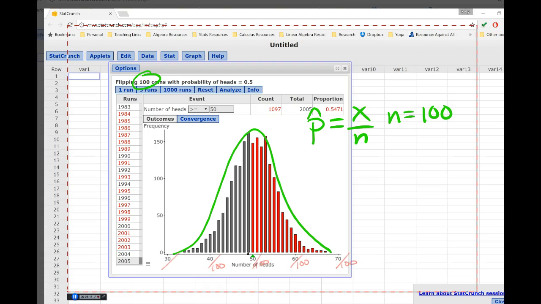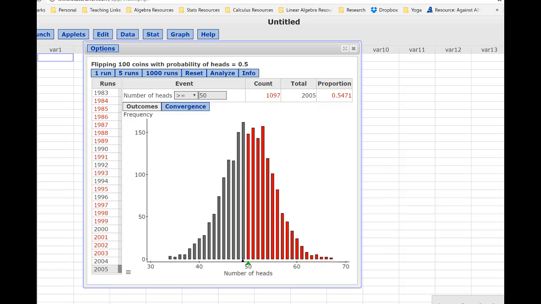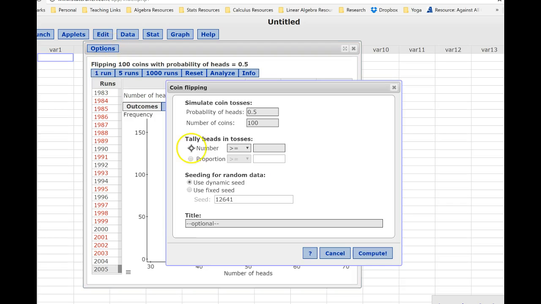So instead of my distribution being centered at 50, it would be centered at 0.5, exactly the proportion we would have expected. So let's redo this with that in mind. If I come back into my options, I can choose to tally the heads either with the number or proportion. So I'm going to change this to proportion and play this game again.